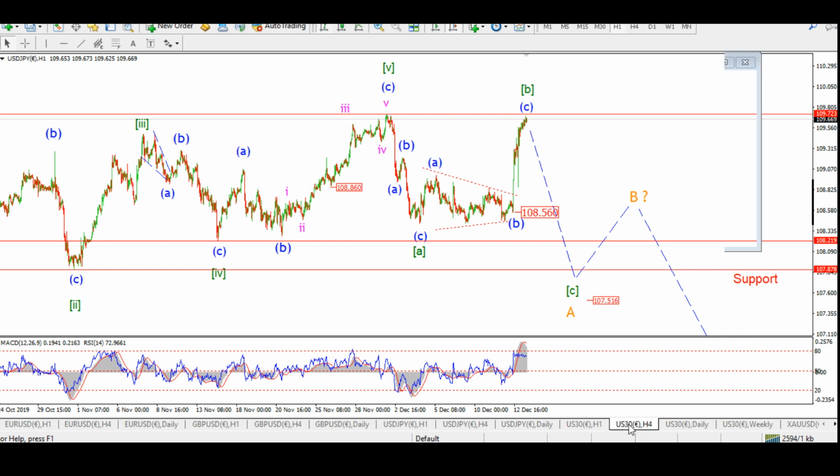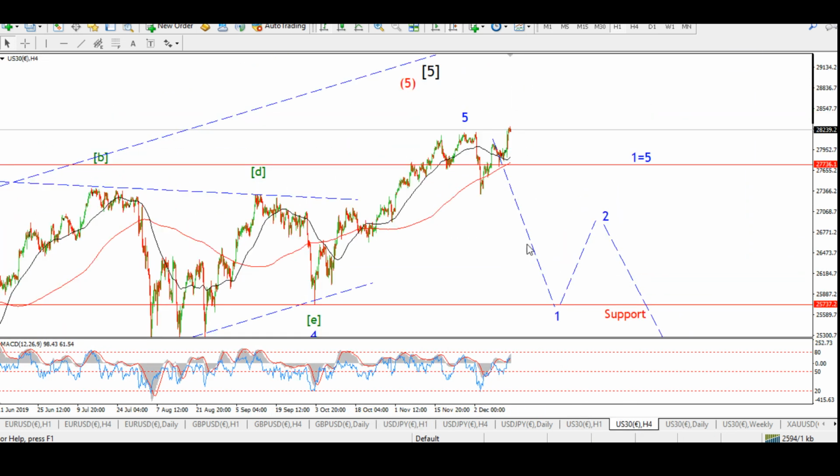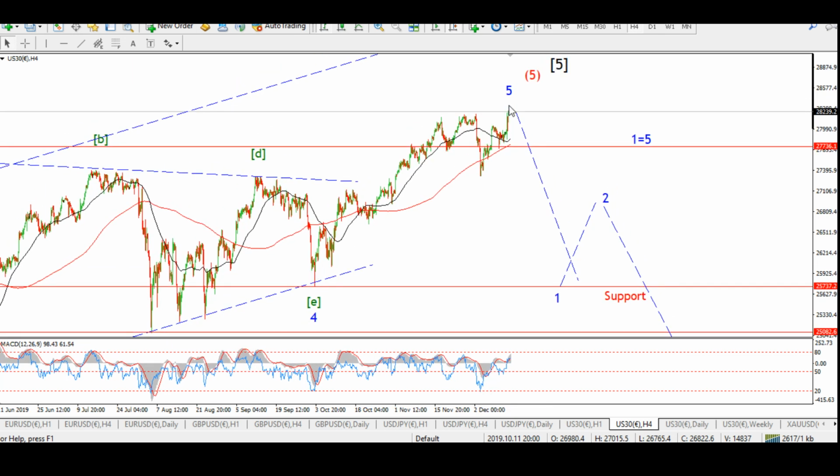Okay, let's go on to the stock market. We got a new high this week. Again, I think it's just an iteration of the larger pattern, and I'll just go through that here. So that's wave 5 of 5 of 5. And within this 5th wave here, so wave 4 in blue, a triangle, and wave 5 here.